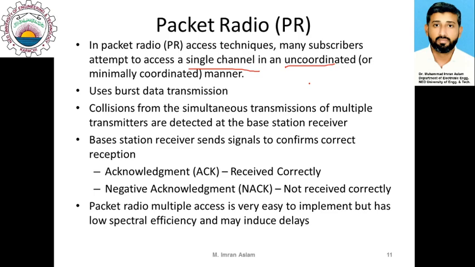But sometimes another user may also have data available, and it will try to transmit onto the same channel. So the first user is transmitting the data onto the channel, and at the same time the second user gets data as well, and attempts to transmit. In that case both data packets would collide with each other, the transmission would not be successful, and the receiver would not be able to recover the message.